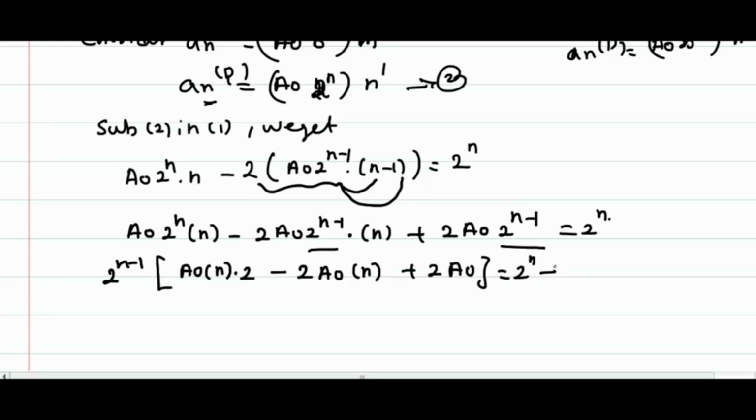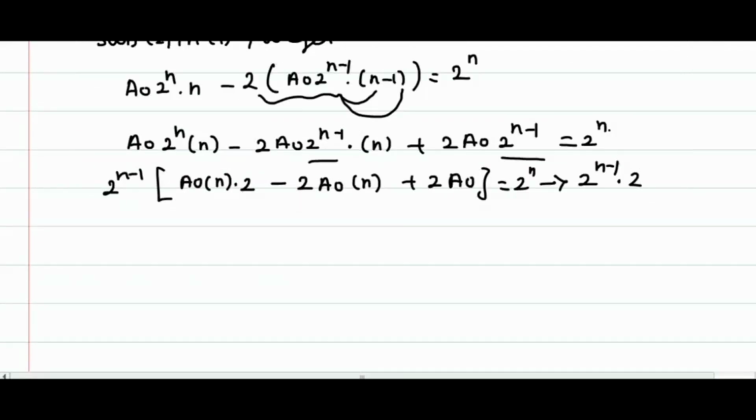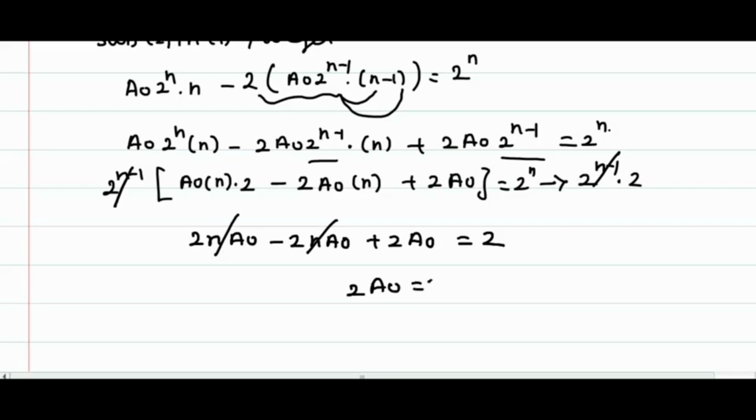I'm going to write 2^n as 2^(n-1) into 2. So here 2^(n-1) gets cancelled. We get only 2n a_0 minus 2n a_0 plus 2a_0, equal to only 2. Minus 2n a_0 and 2n a_0 cancel. We get only 2 a_0 equal to 2.